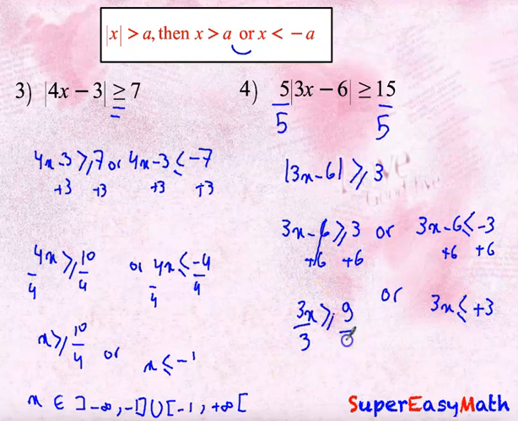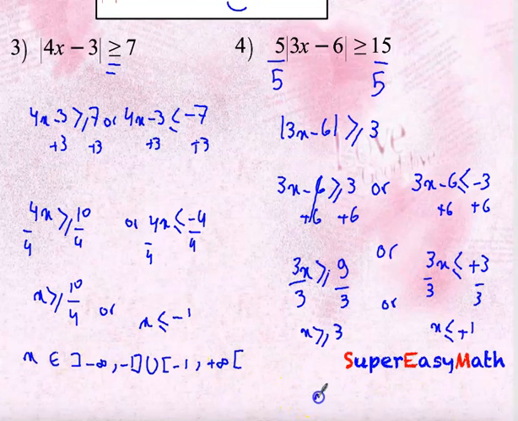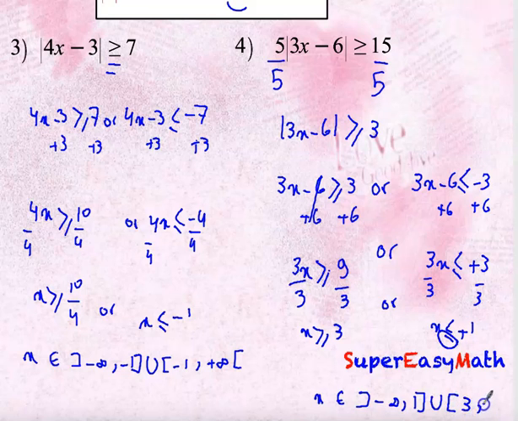Divide by 3, so x greater than or equal to 3, or x smaller than or equal to +1. If you want to write it as an interval, x belongs to -infinity to 1 included, because we have or equal, union 3 plus infinity. Hope it's clear.